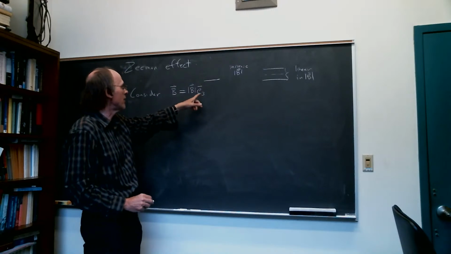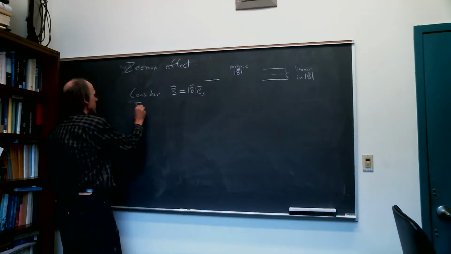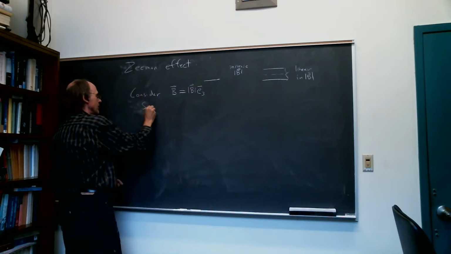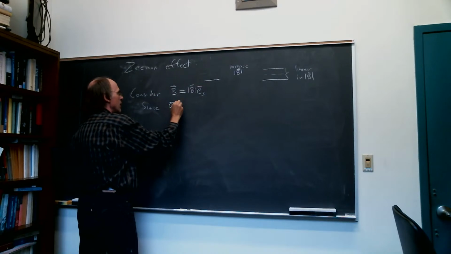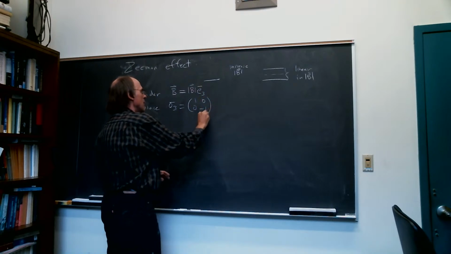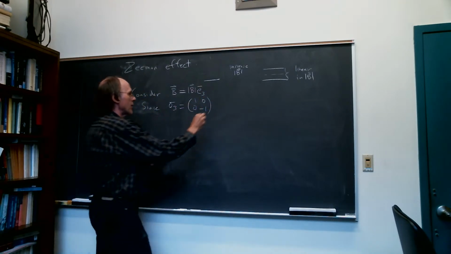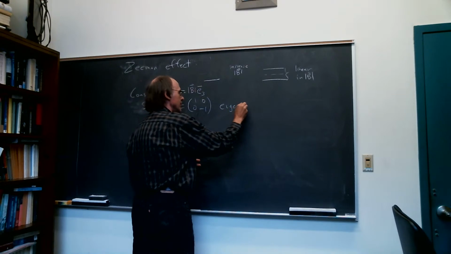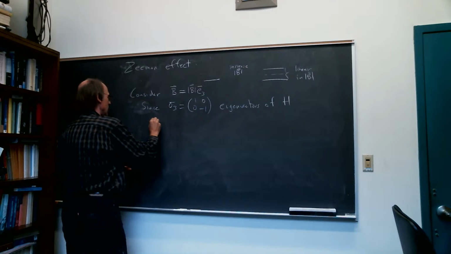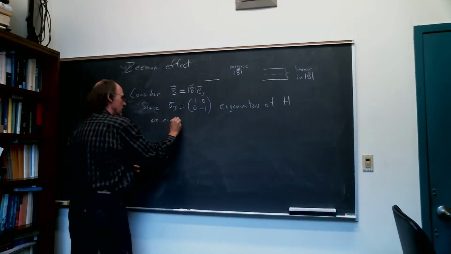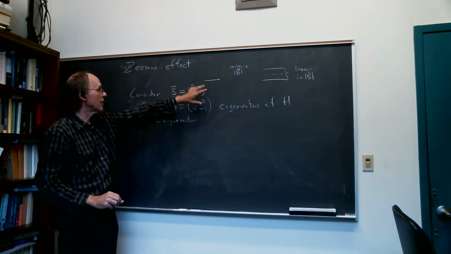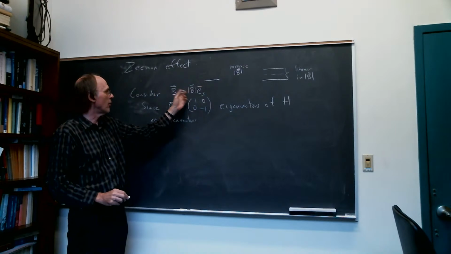And then you can ask, what are the eigenvectors? Since sigma 3 is 1, minus 1, 0, 0, the eigenvectors of H are the eigenvectors of sigma 3, in this particular case, because the other terms are 0.